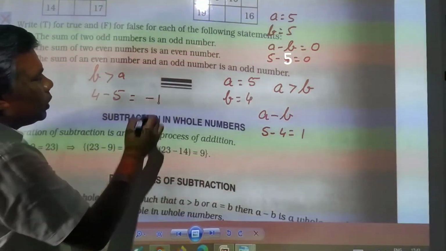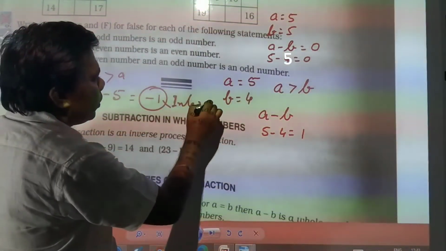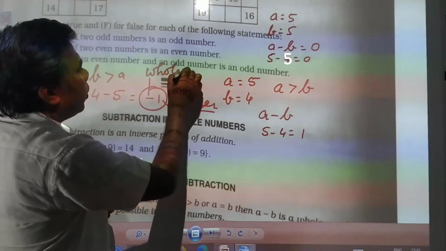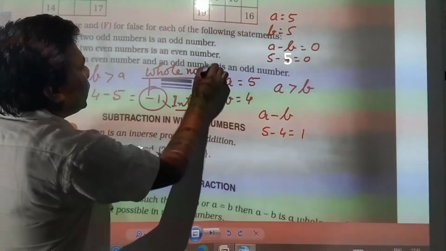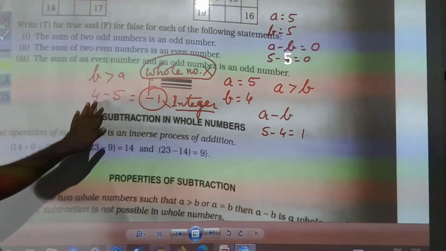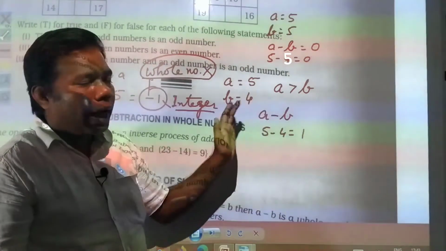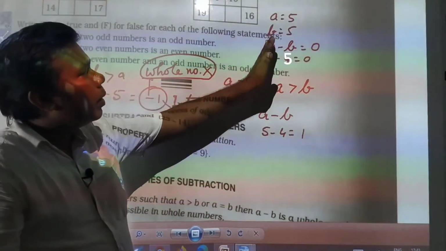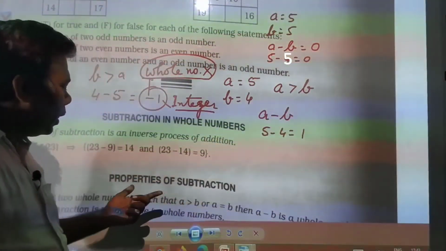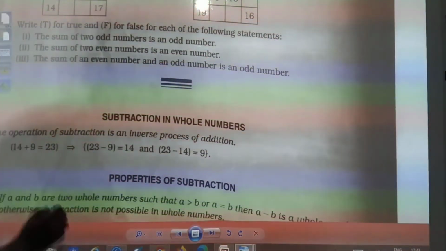You will get minus 1, but this is not a whole number, this is an integer. So b cannot be greater than a when subtracting in whole numbers. So the first property is: both numbers are either equal, or the number from which you are subtracting must be greater than the other. Then only subtraction is possible, otherwise not.